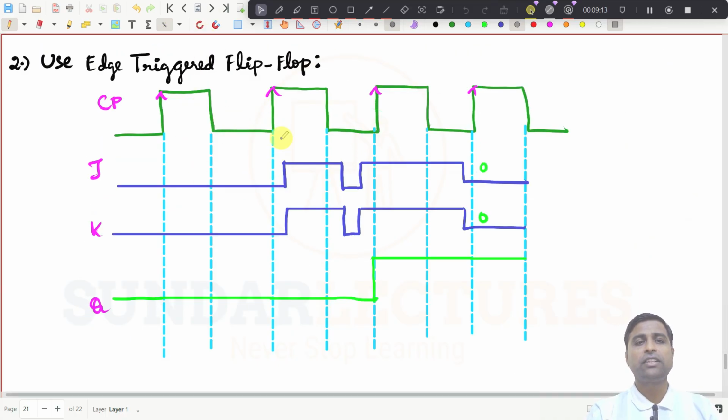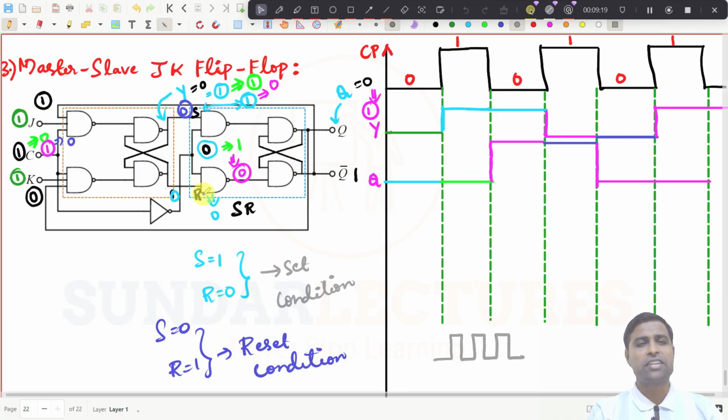The second one is very simple: use an edge triggered flip-flop, and you can also go for a master slave JK flip-flop or master JK slave SR flip-flop to avoid the race around condition. We will see conversion of flip-flops in the next class because that is a new topic, so that you can easily get continuation there.